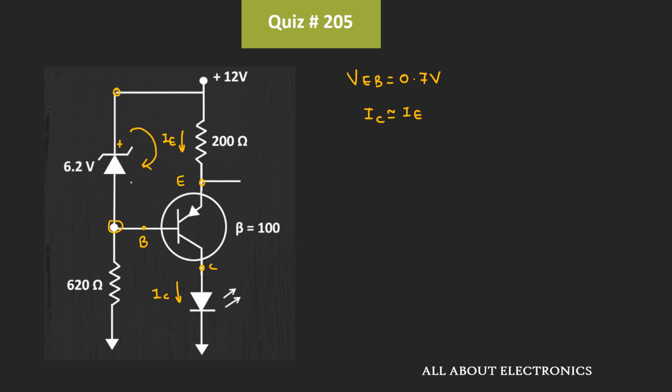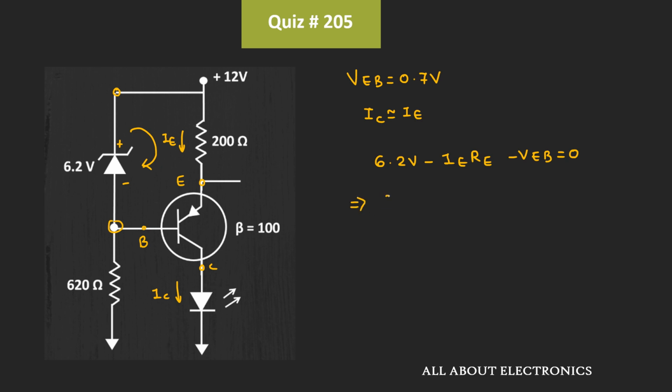So applying the KVL equation, we can write 6.2 volt minus IE times RE minus VEB, that is equal to 0. Now here this emitter resistor is equal to 200 ohm and the voltage VEB is equal to 0.7 volt.